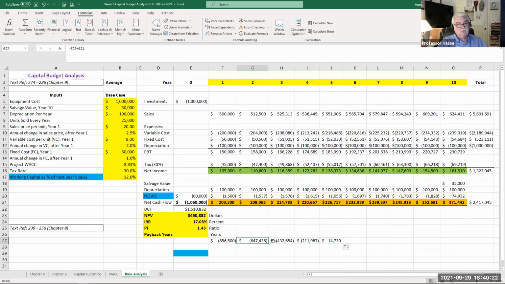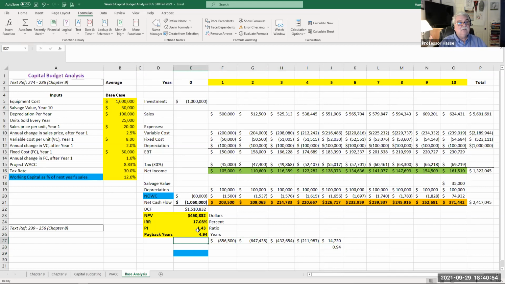1, 2, 3, 4, and what percent is 211,987 of our year 5 cash flow? 94%. 1, 2, 3, 4.94 years.